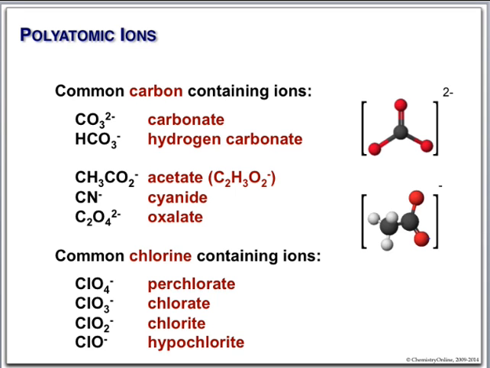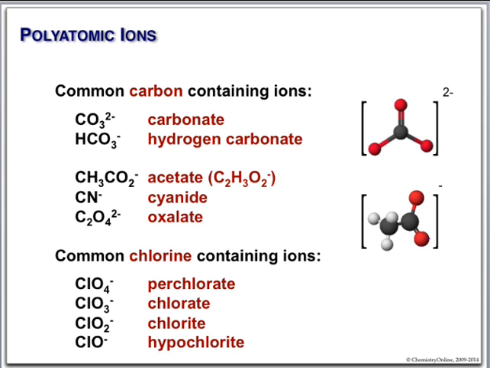Acetate we won't deal with too much. Cyanide is poison. This is oxalate. These guys follow the chlorines, just follow the rule perfectly. The parent here is going to be chlorate, ClO3, -1. Add an oxygen, we get perchlorate, too many oxygens. Take one away, we get chlorite.